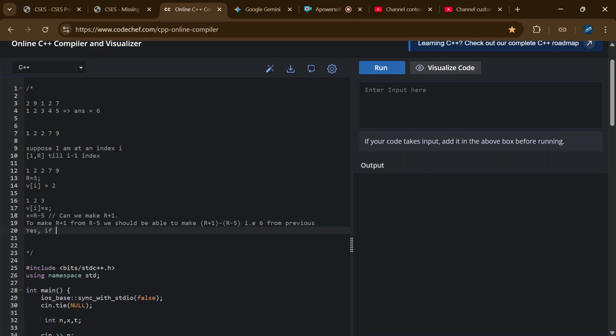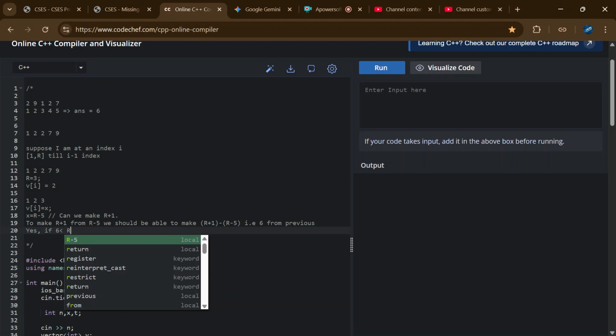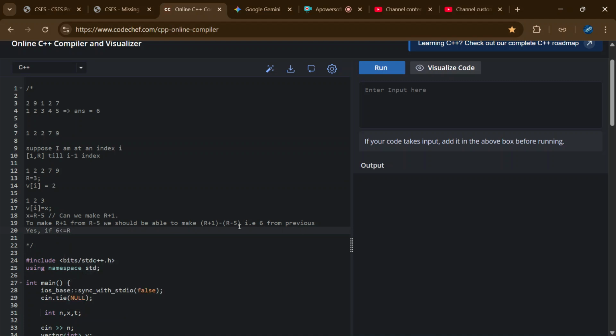Yes, if 6 is less than or equal to r, because we know we can make 1 to r.